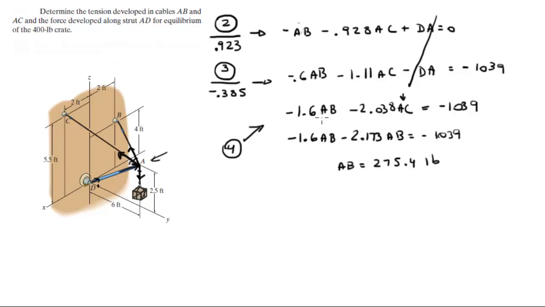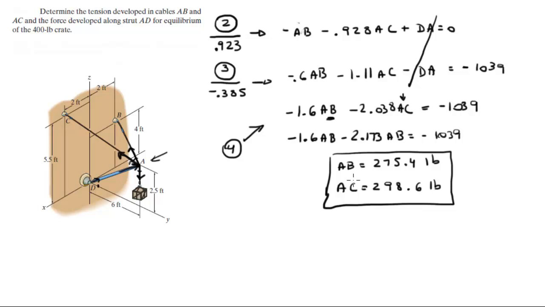And now that you got one, we can easily find another just by plugging in. For example, you plug this AB value into this formula right here, you solve for AC, and you get that AC is equal to 298.6 pounds. You can keep plugging this into other equations to find the tension on dA, but they're not really asking you for dA. Let me see.